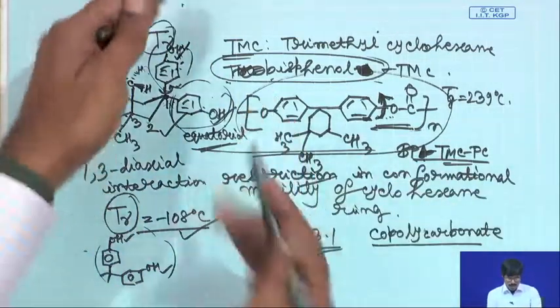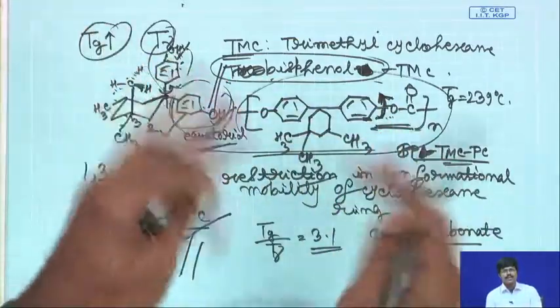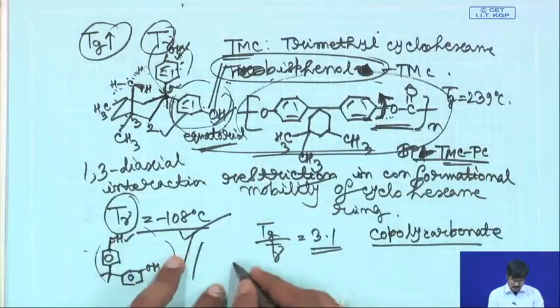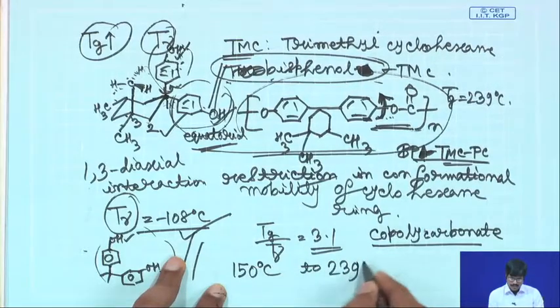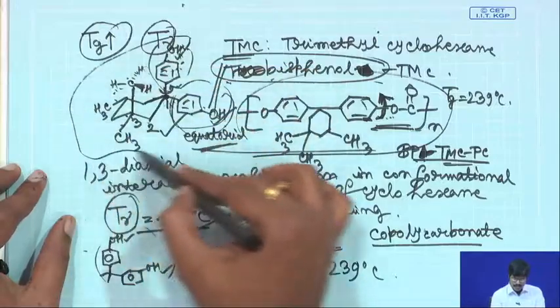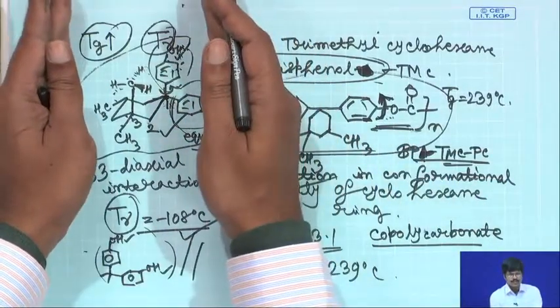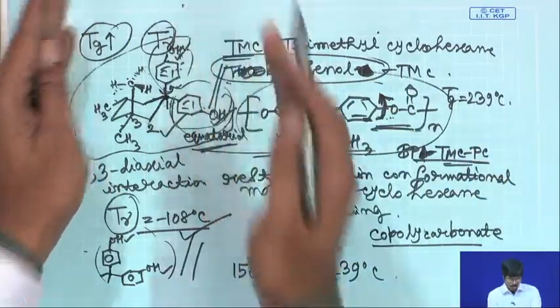And of course, if you have different proportions of these in the polymer, you can also modulate your glass transition temperature according to your needs, and that glass transition temperature you can have anywhere between 150 degrees Celsius to 239 degrees Celsius, because the homopolycarbonate based on bisphenol trimethyl cyclohexane will have a glass transition temperature of 239 degrees Celsius.